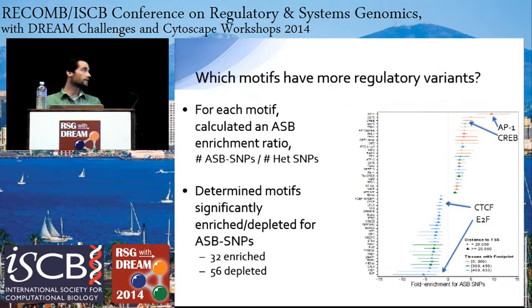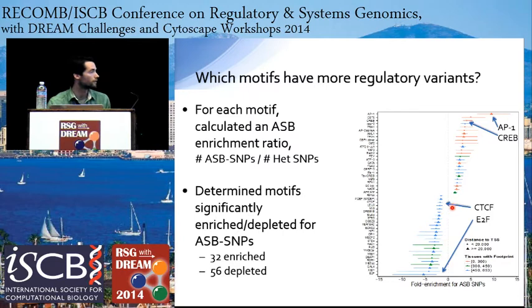We next looked at the degree of ASB affecting these different factors. To do that, we calculated the ASB enrichment ratio, which is just the number of ASB SNPs, or SNPs displaying ASB, versus all of the heterozygote SNPs within or across all of the motif instances. We determined which motifs were significantly enriched or depleted compared to the average. We saw 32 were enriched and 56 were depleted.